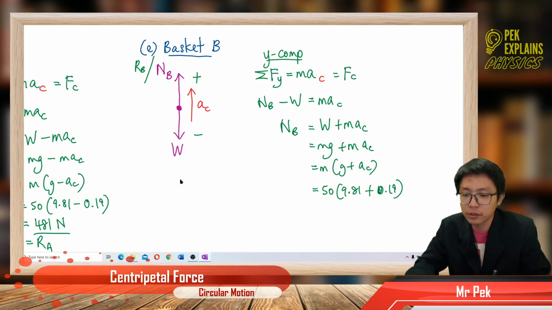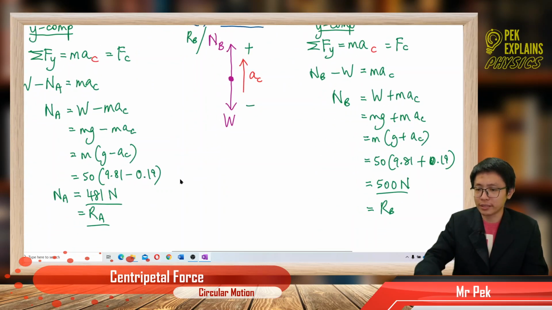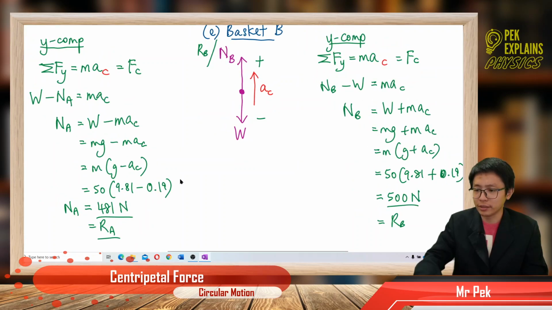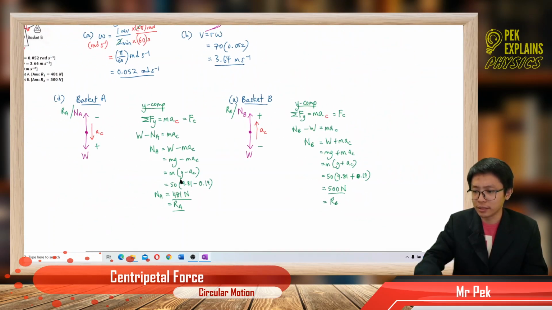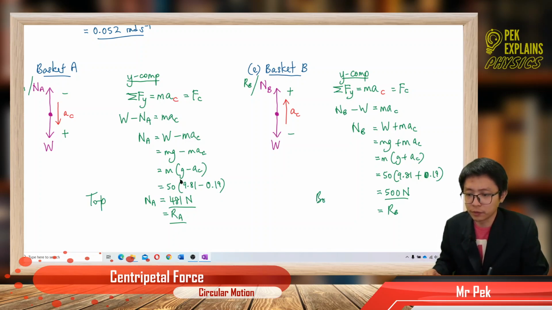So our normal force at B is 500 Newton. We can also write it as RB. This is the answer at the top, and this at the bottom.